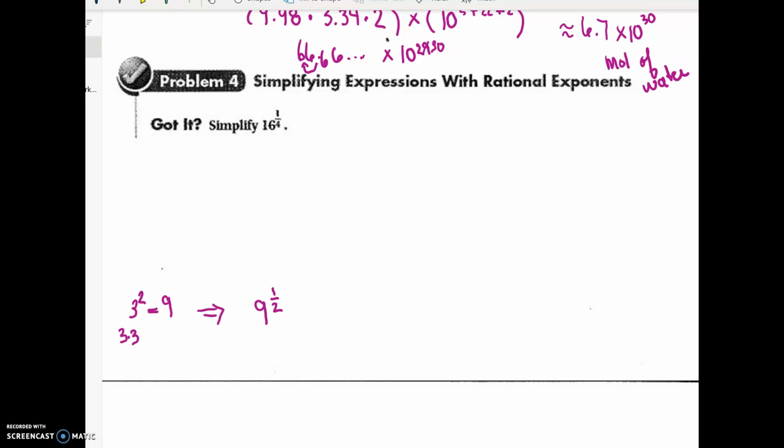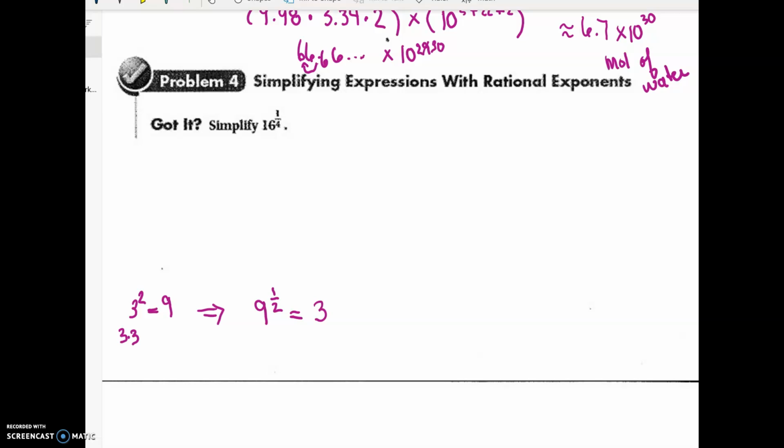So the problem now becomes: what number times itself 2 times would give you 9? So 9 to the 1/2 power is going to be 3, because 3 times 3 gives us 9. When we look back up here, we have 16 to the 1/4 power.